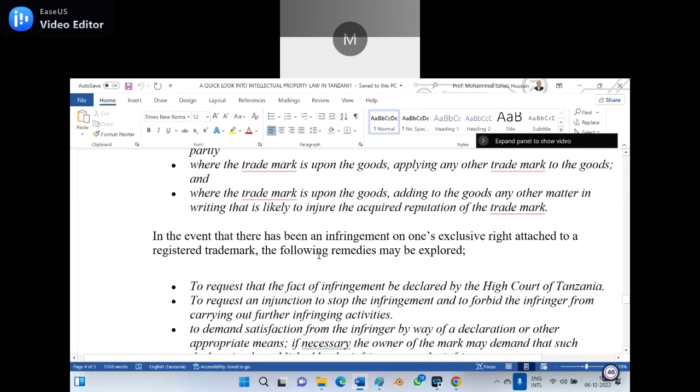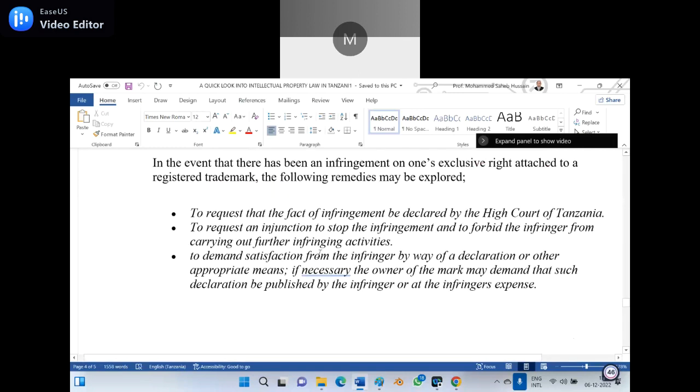Suppose any person violates the trademark by applying the same logo and making people understand that it is the original Dettol product made by Johnson & Johnson, and they cannot spend that much time to inquire, since the amount spent would be bigger than what they would get. So, the first remedy is to request that the fact of infringement be declared by the High Court of Tanzania, the apex court of the state.